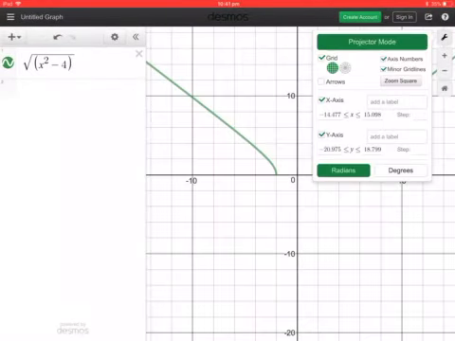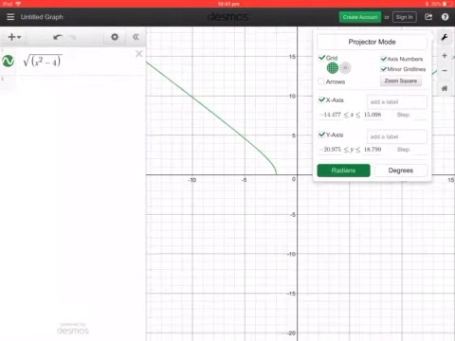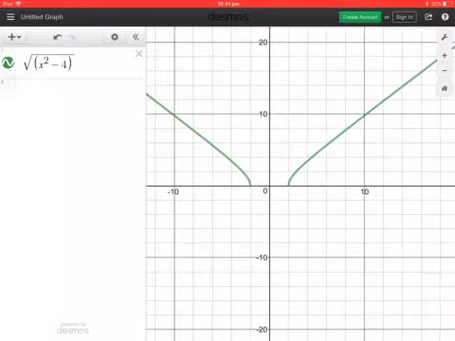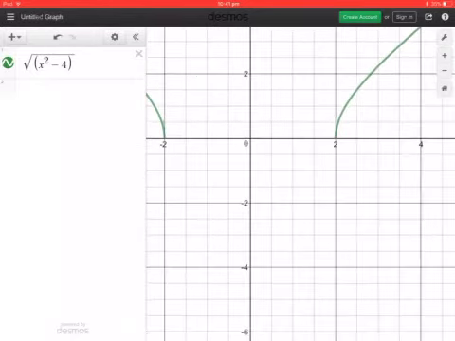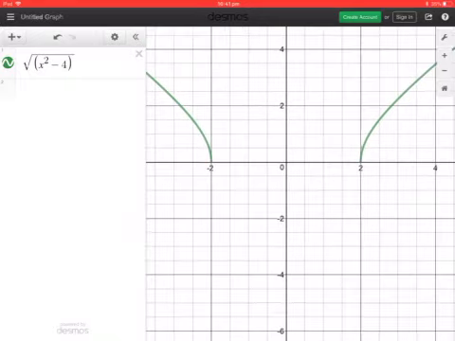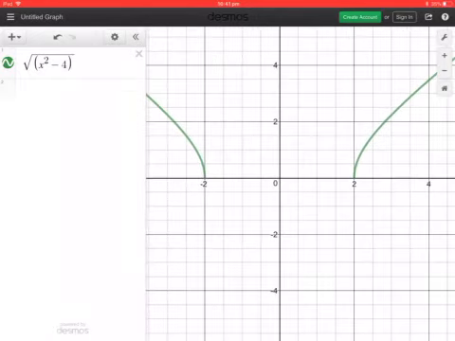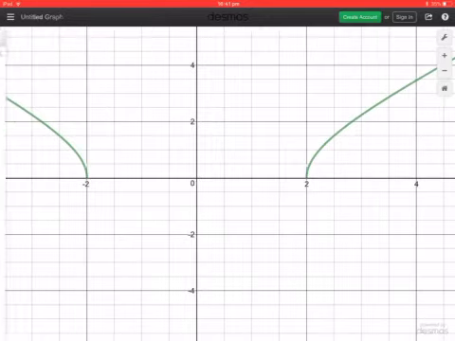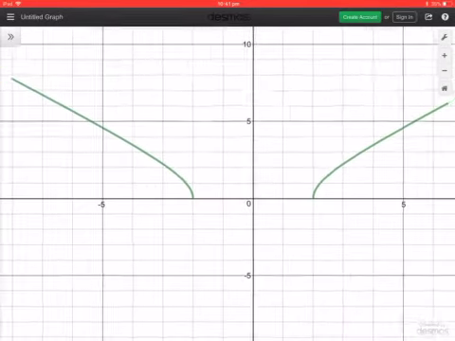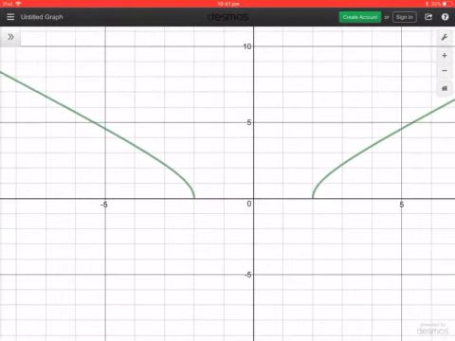This is what I prepared earlier. This is what it looks like. You can see that those values are 2 and minus 2. I just typed it in. And you can also see that the range is y is greater than or equal to 0.